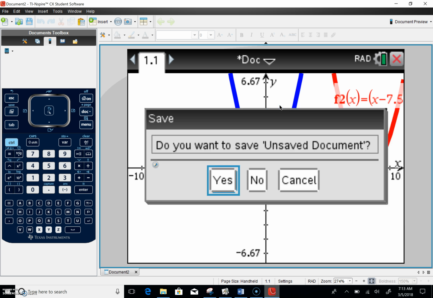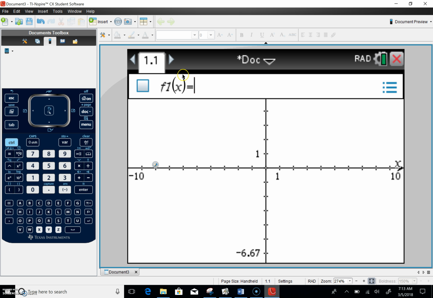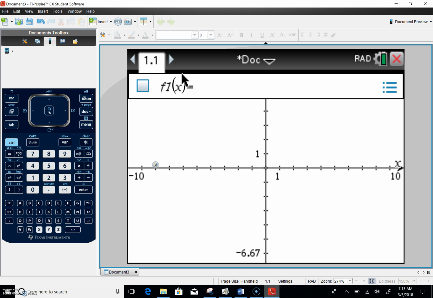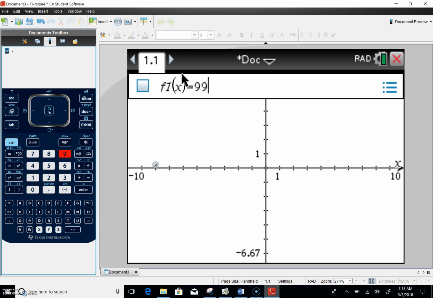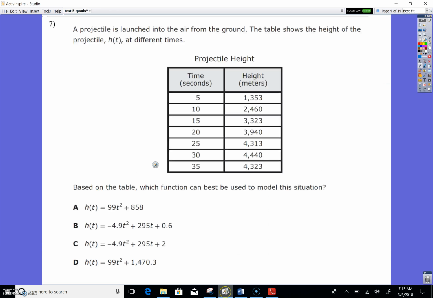Create a new document, and I don't want to save. I'm going to add a graph. First thing I'm going to do is type in one of these answers: 9x squared plus 858.